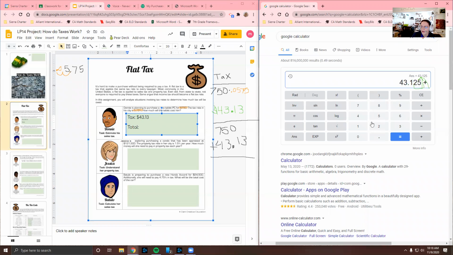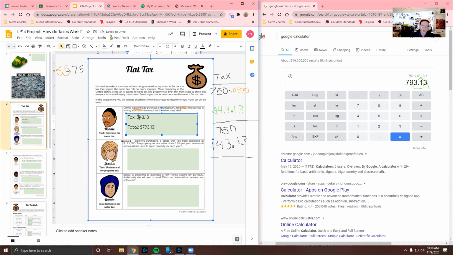We're going to add that $43.13 plus our $750. And we find out our grand total cost for this computer is $793.13.